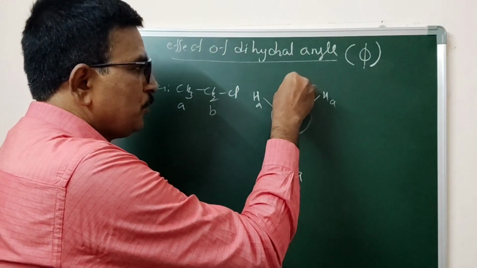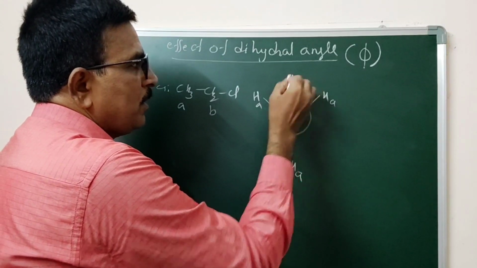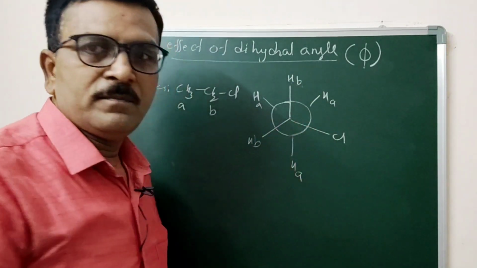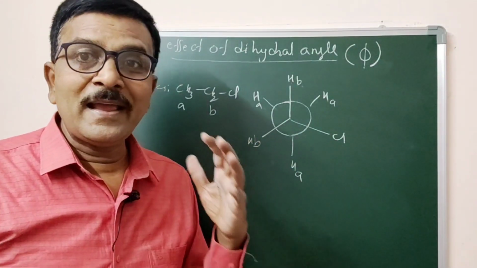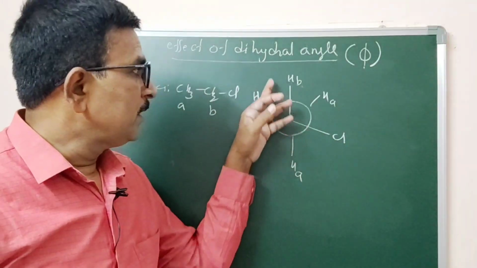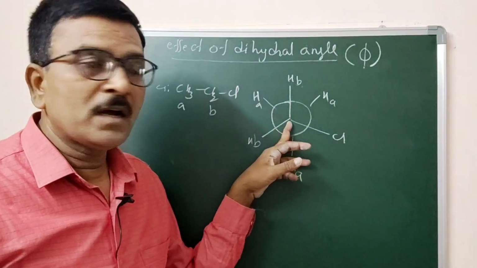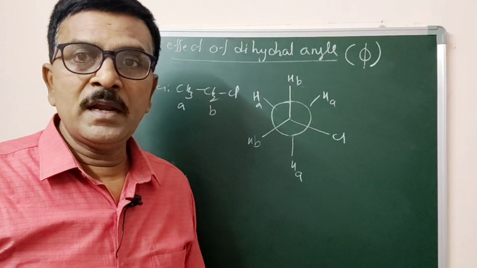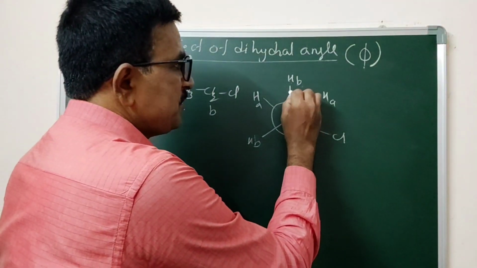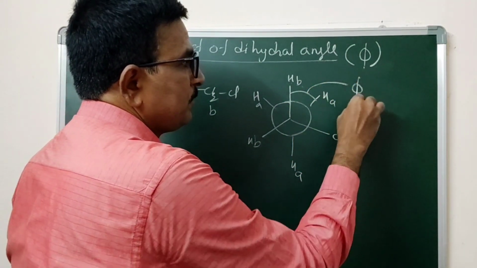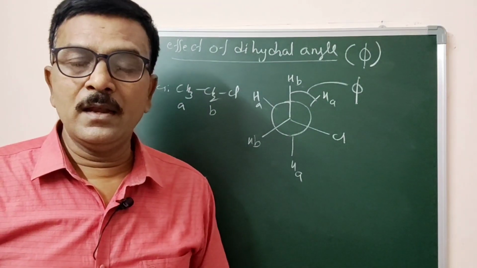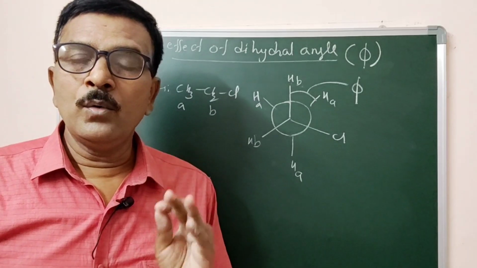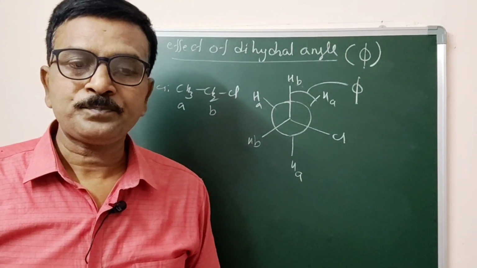The CH2 group has HB, HB, and chlorine here. Whatever angle is present between HB on the front carbon and HA on the back carbon is called the dihedral angle. So all the vicinal coupling constants depend only upon the dihedral angle.